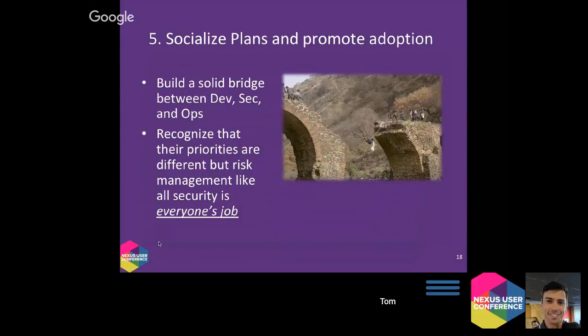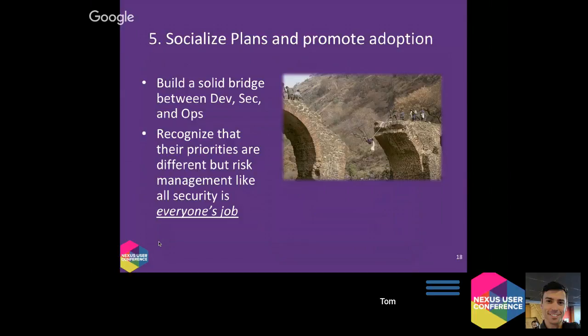So the fifth step is really socializing the plans and promoting adoption among the whole community, particularly among the developers. From the very beginning, in terms of defining policy for both license and security, and for the operational side, it really has been a collaborative effort to move DevSecOps forward.